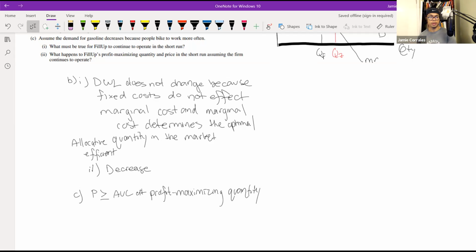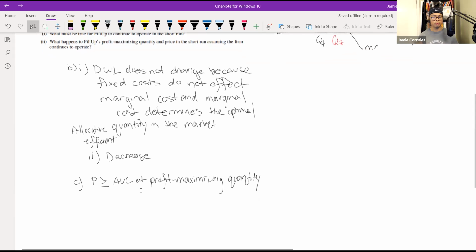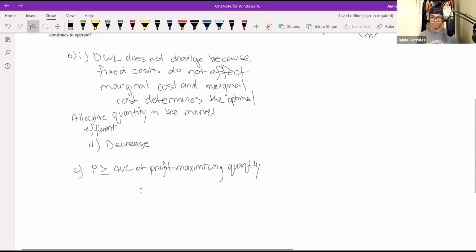And so clearly that's not very efficient because you're losing money. And so if the price is lower than your average variable cost, then essentially you're not making enough money to cover at least your labor costs or your variable costs. And then you still have to worry about your fixed costs. Whereas if you were to shut down, you wouldn't have to pay the variable cost. You would just pay the fixed cost.